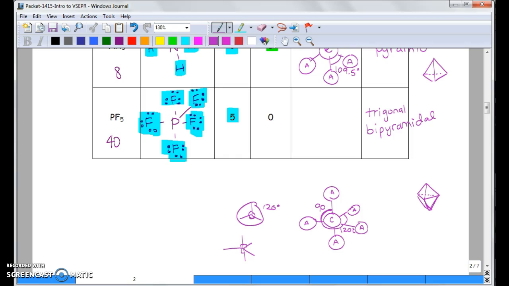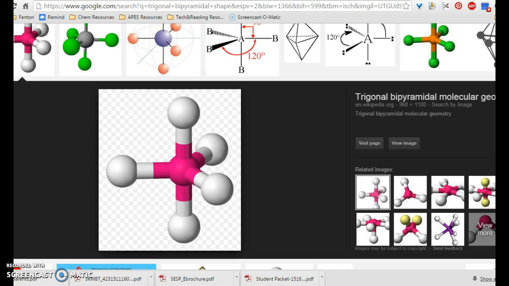So that structure is really hard for me to draw. If you have space, you can put that right in there. So what that structure is going to look like is this: you have this triangular center, and then if you were to draw lines connecting each of the outer atoms, or the horizontal atoms, to the tip of it, you would create this pyramid structure. And then the same thing happens on the bottom. So that's what the structure would look like for a trigonal bipyramidal molecular geometry.